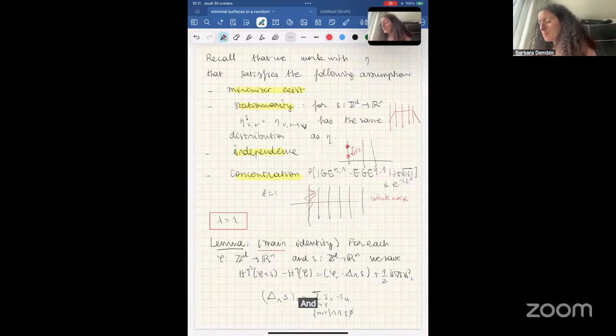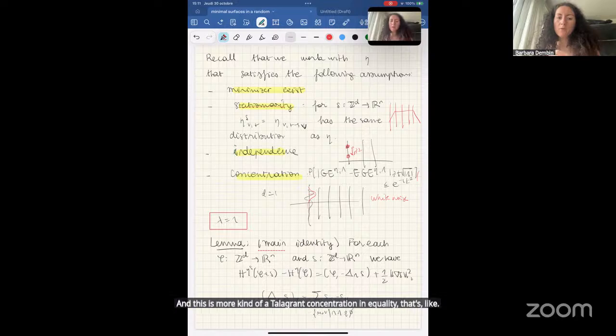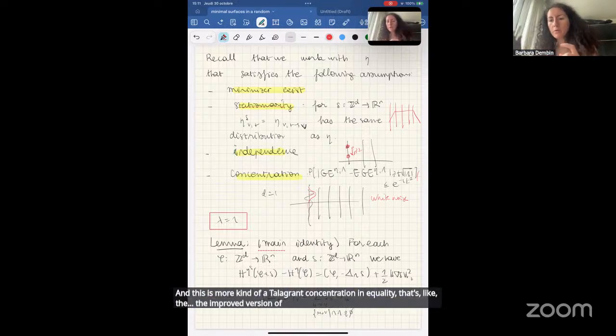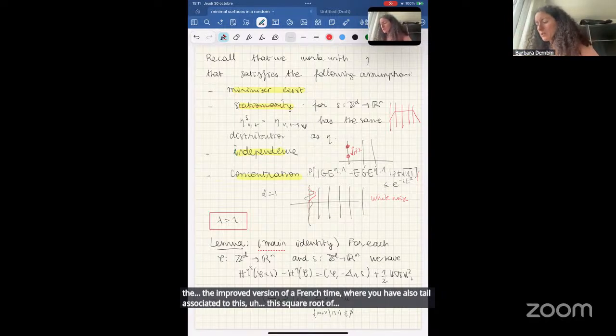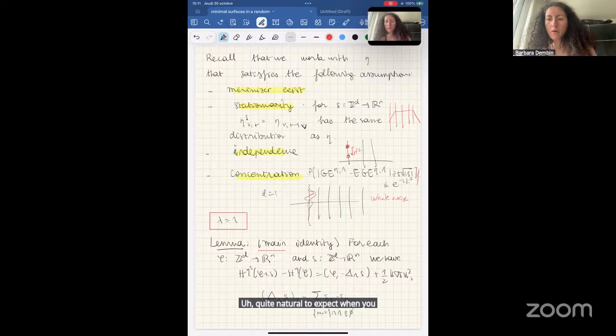And this is more of a Talagrand concentration inequality, the improved version of Efron-Stein, where you also have a tail associated to the standard deviation of square root of lambda. So this is something quite natural to expect when you have a random variable depending roughly on a volume lambda, to have this kind of concentration estimate.